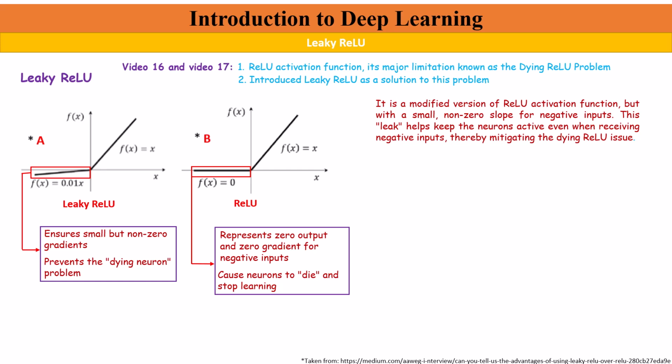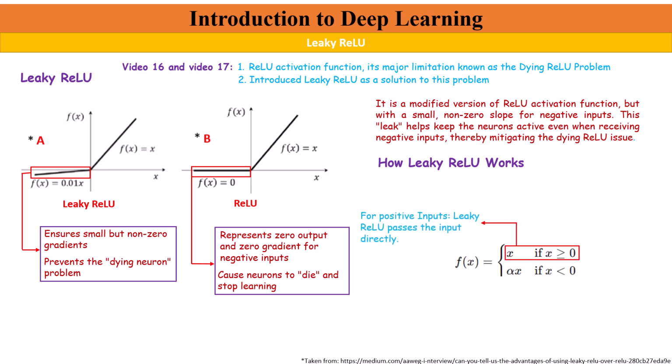Now let's take a look at how Leaky ReLU actually works. It is mathematically represented by this equation. For positive inputs, Leaky ReLU behaves identically to ReLU, passing the input directly. For negative inputs, unlike ReLU, which outputs 0, Leaky ReLU outputs a small negative value, for example, 0.01 times the input, allowing a small gradient to flow.